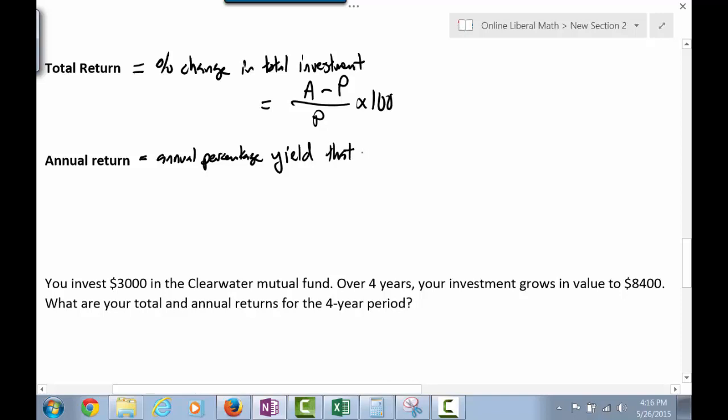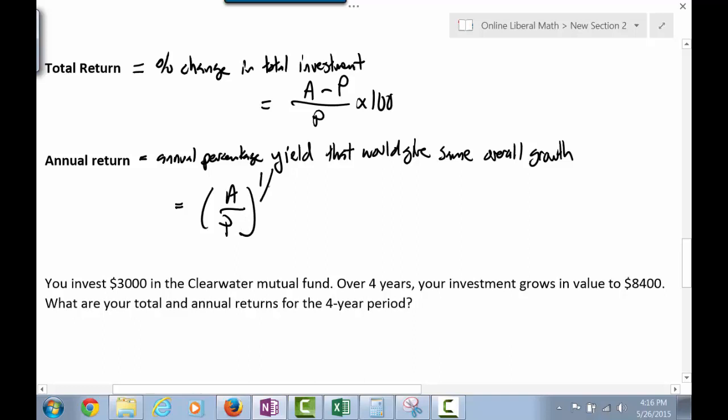A formula for it would be the ending amount divided by the starting amount, raised to the 1 over Y, minus 1, which would give us a percent that matches what percent would actually have grown.